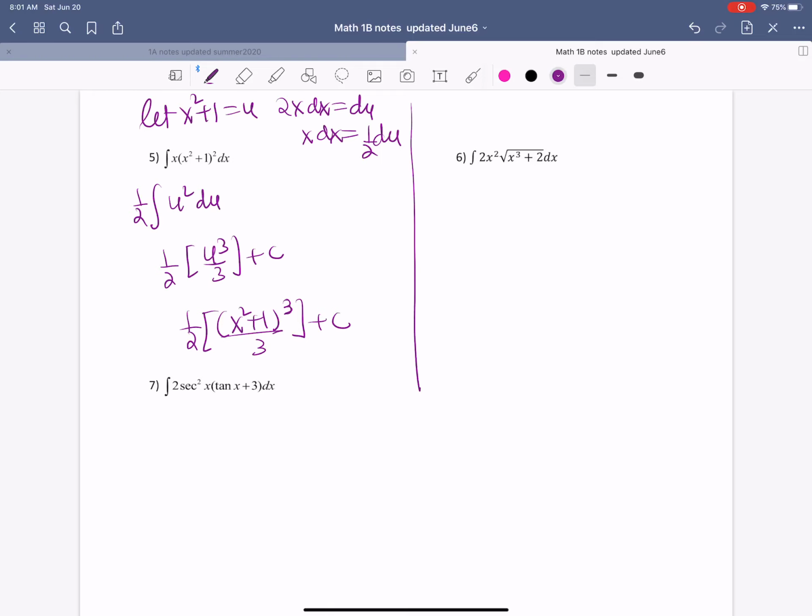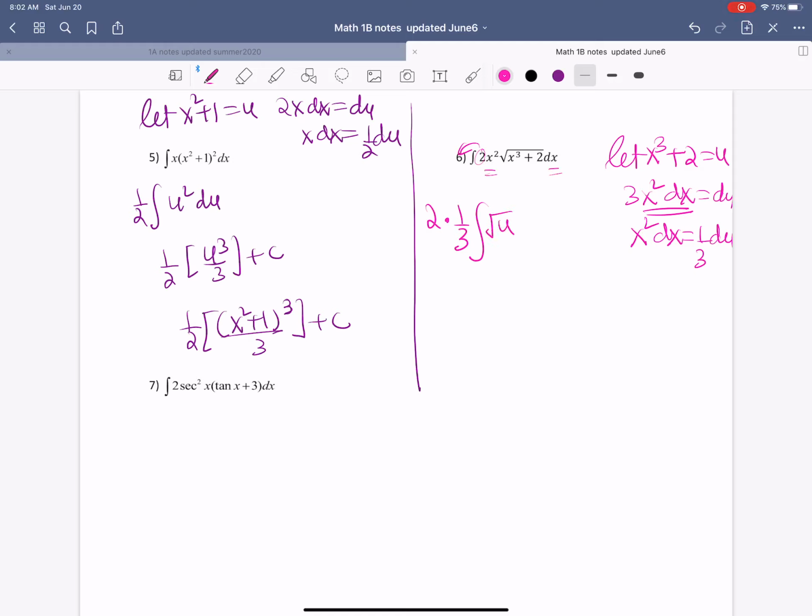All right, the next example we have, let x cubed plus 2 be u, 3x squared dx be du. I don't need the 3x squared, I need the x squared dx because there's no 3 in there. So that would be 1/3 du. This constant 2 can be pulled out. So it's 2 times 1/3, because x squared dx is equal to 1/3 du.